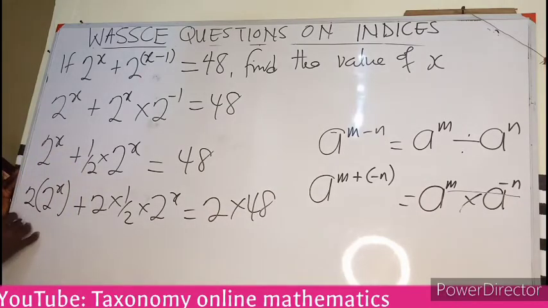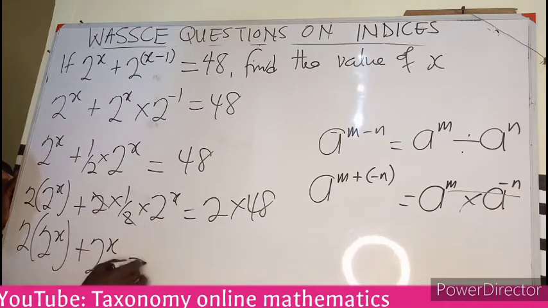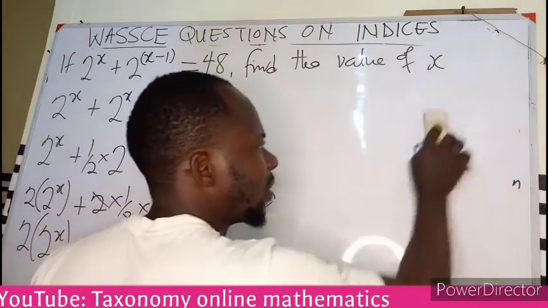So fast forward, I still have 2 exponent 2 multiplying 2 exponent x, then plus this will cancel, so I'm left with 2 exponent x equals, I think, 96. Alright, so now this is what I am left with.